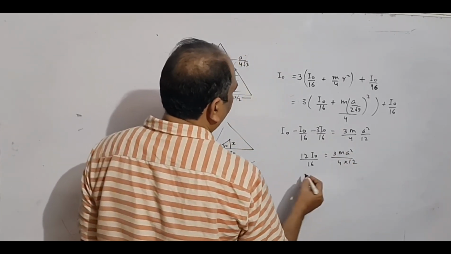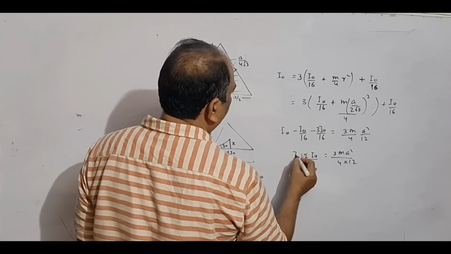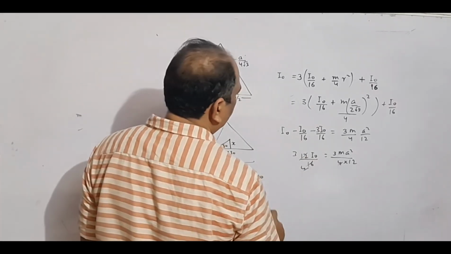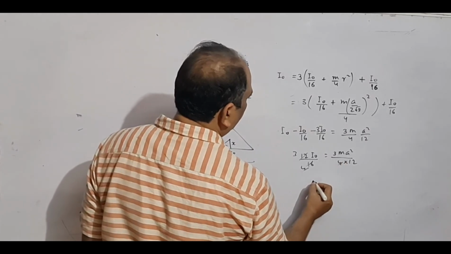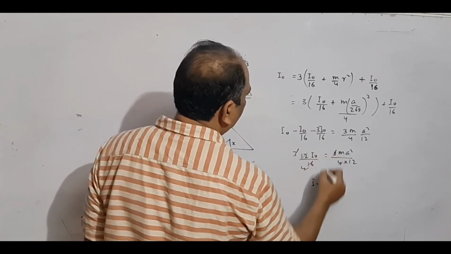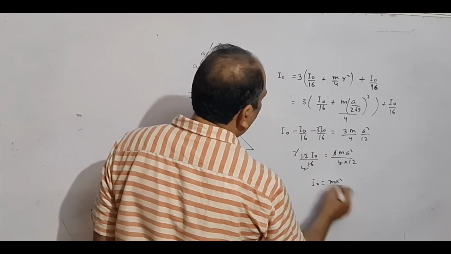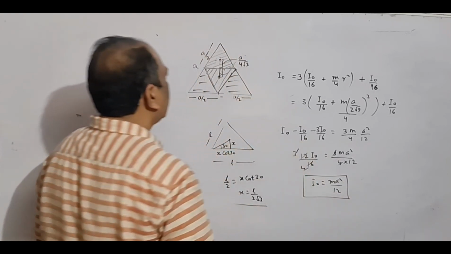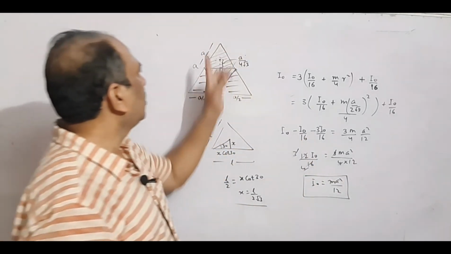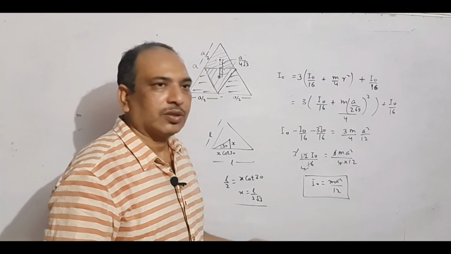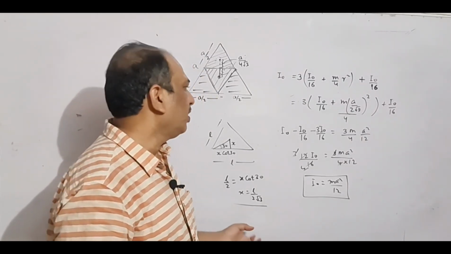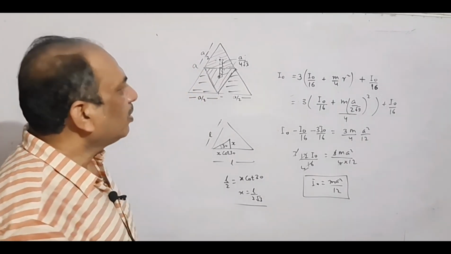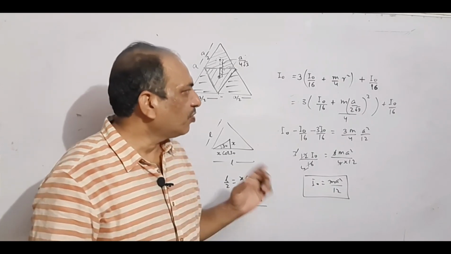Okay, so cancel. 4 and 4 go, 3 and 3 go, and we get I0 as ma square by 12. So this is the moment of inertia of this triangle about its center. Okay, so this is the method we can apply everywhere where we have subparts of the same shape.